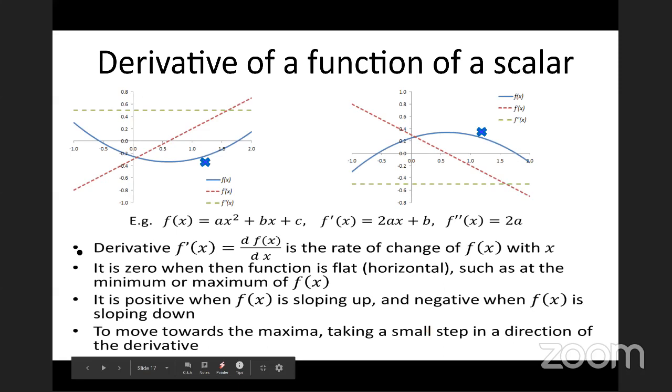So now let's look at how we can improve gradient descent. Quick revision. Sorry, my blue dots are shifted.